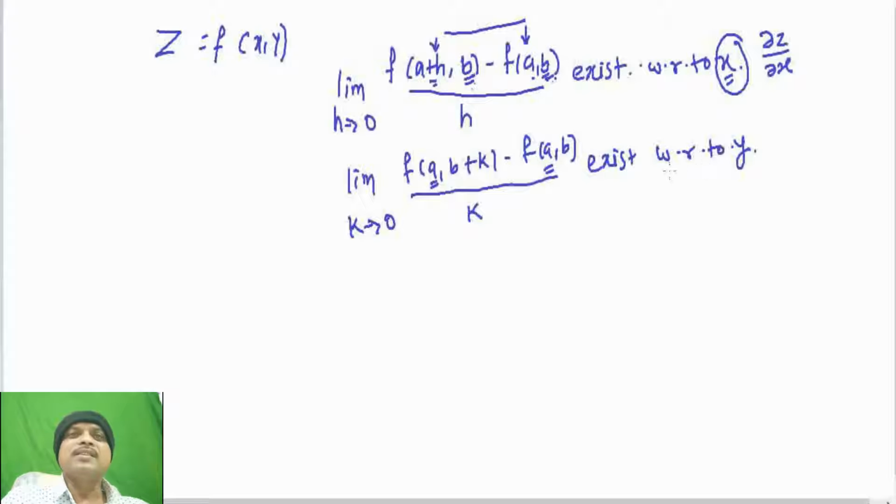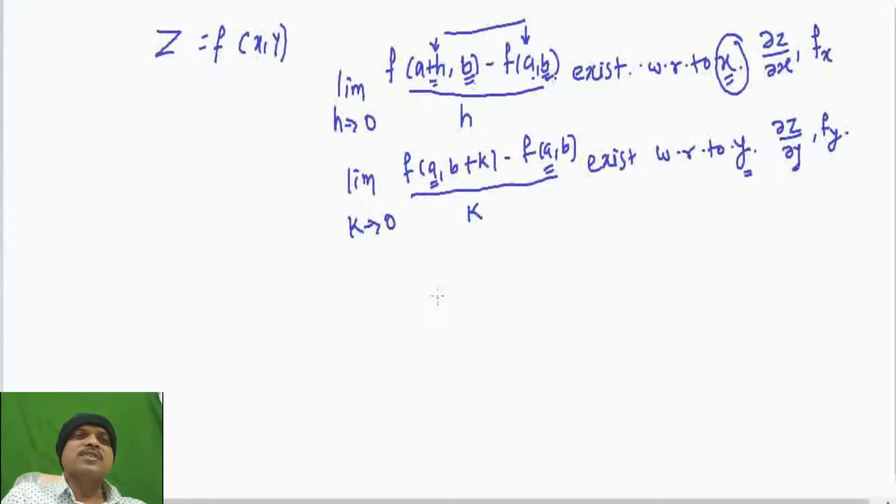And when we take the derivative with respect to y, we denote this by delta z by delta y. Another symbol is f suffix x, and here f suffix y. These are the different symbols used to denote the derivative of the functions.